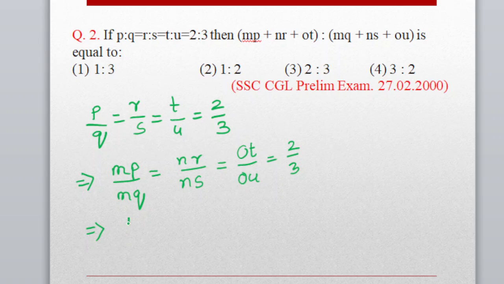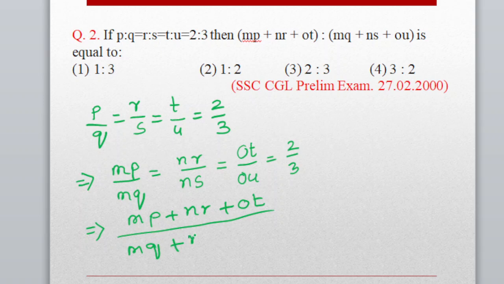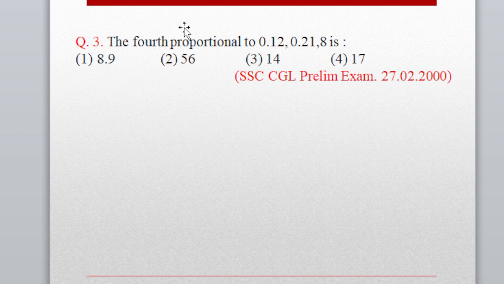That means here the addition of numerators MP plus NR plus OT divided by the addition of denominators, that is MQ plus NS plus OU, should be equal to 2 by 3. That means here option 3 is the right answer. Now next question.